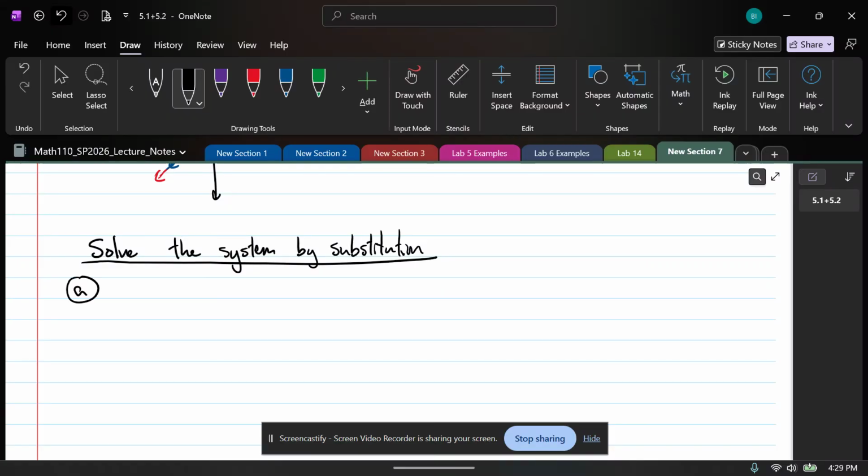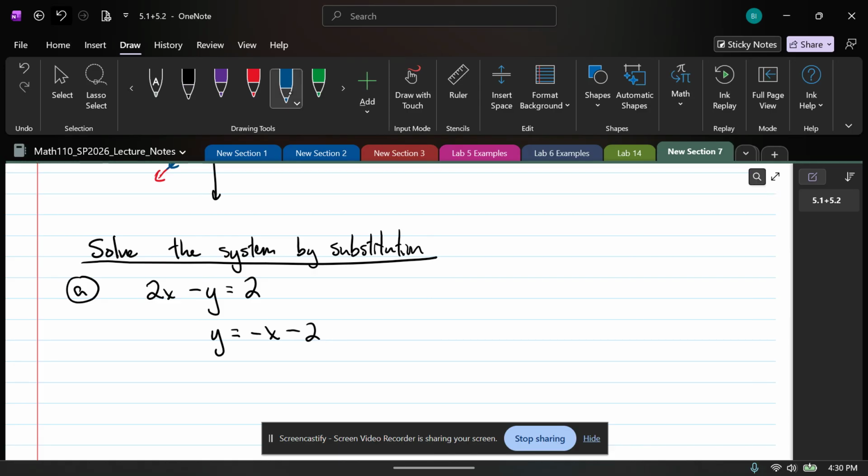So here's our first set of equations. 2x minus y equals 2. And then the second equation is y equals negative x minus 2. So there's a system of equations, and we're going to use substitution to solve that.